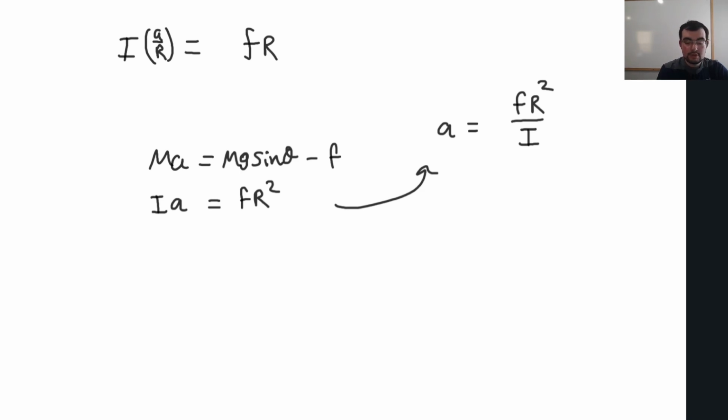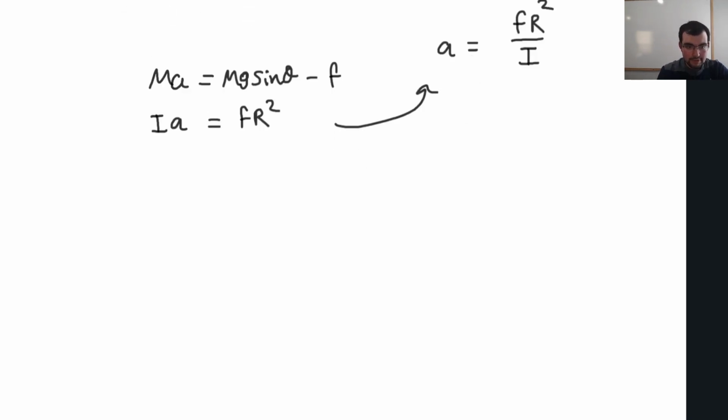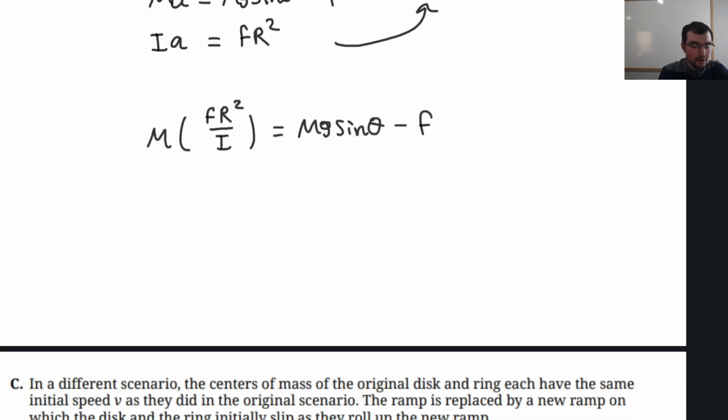And then I'll substitute away the A in the force equation, and I would get M times FR squared over I is equal to mg sine theta minus F. And then I'll collect all of the F's on one side, and I would get F times the quantity mR squared over I plus 1 is equal to mg sine theta.